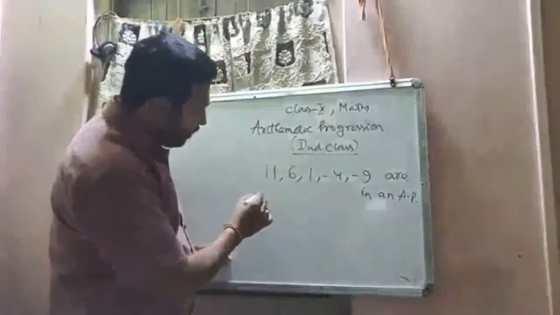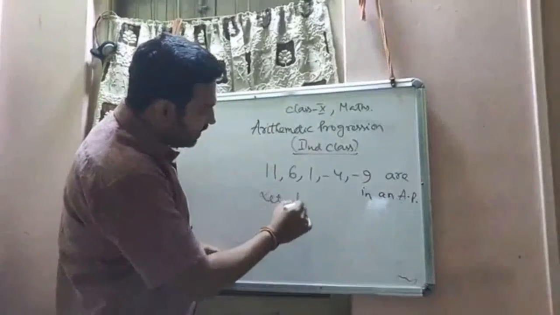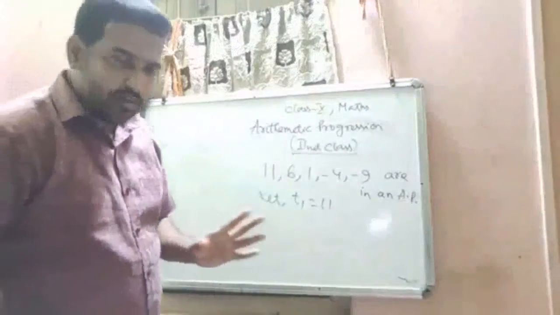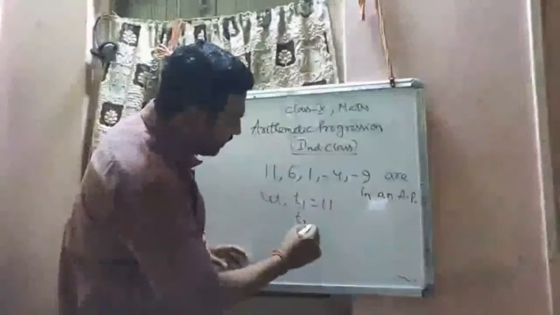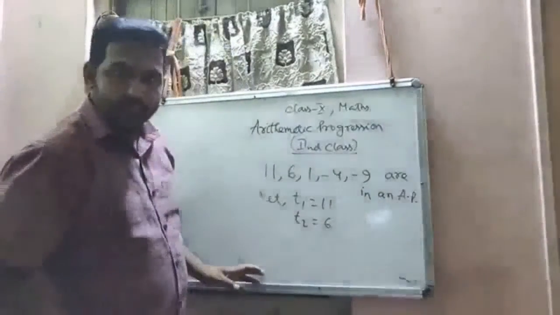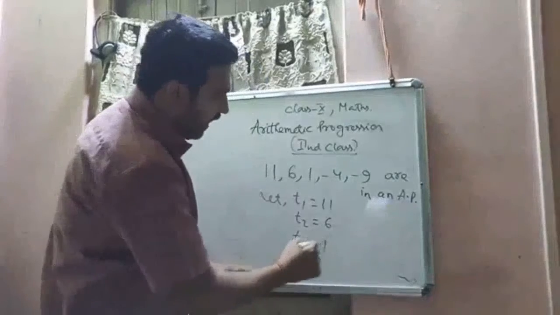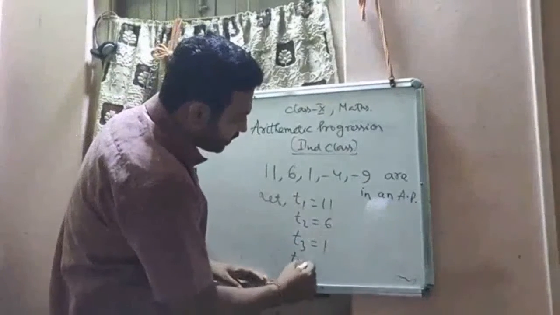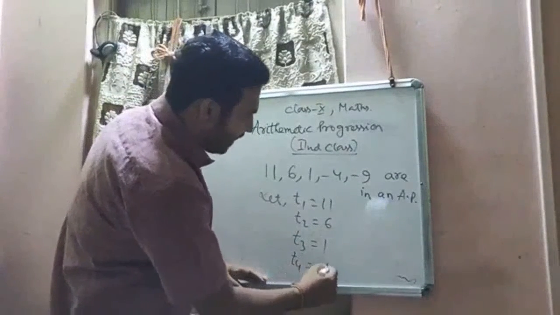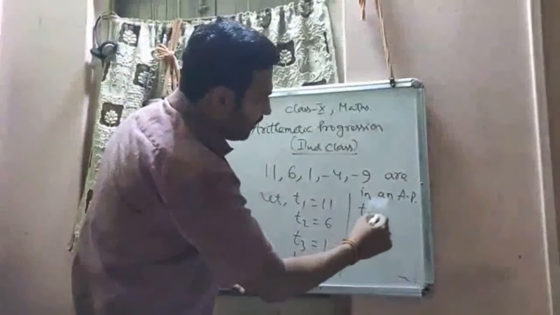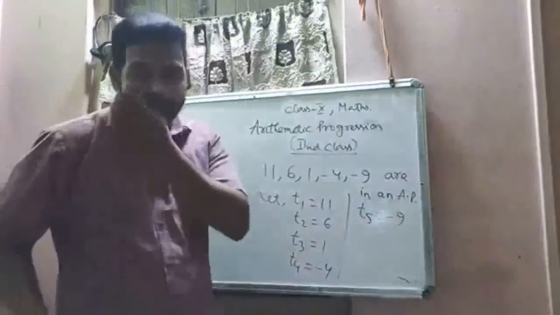So I am going to write let term 1 is equal to 11. Let me assume term 2 is equal to 6. T3 is equal to 1. And T4, fourth term, is equal to minus 4. Similarly, T5, fifth term, is equal to minus 9.